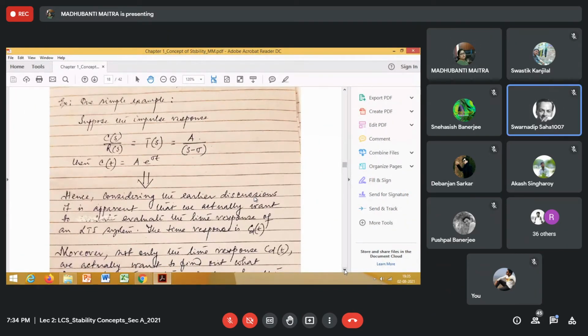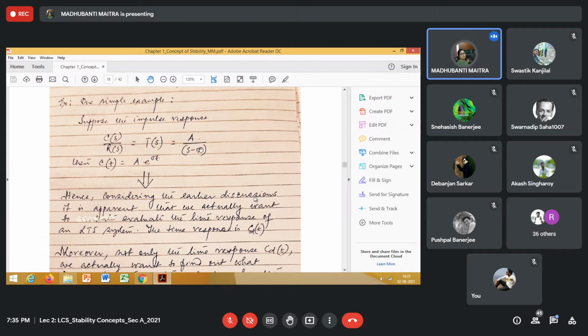So what is going to be the output response or output time response? That is very clear from this example. Suppose C(s) by R(s), the closed loop transfer function, is given as some constant A by (s minus sigma).